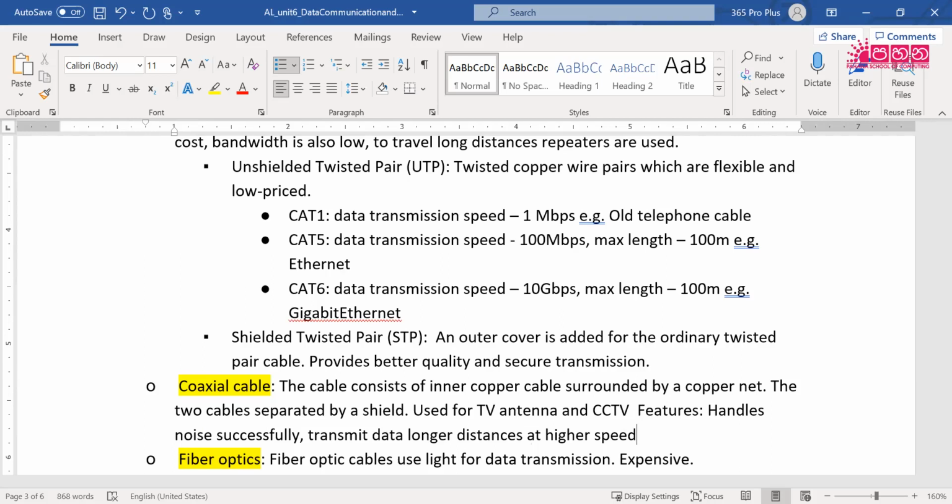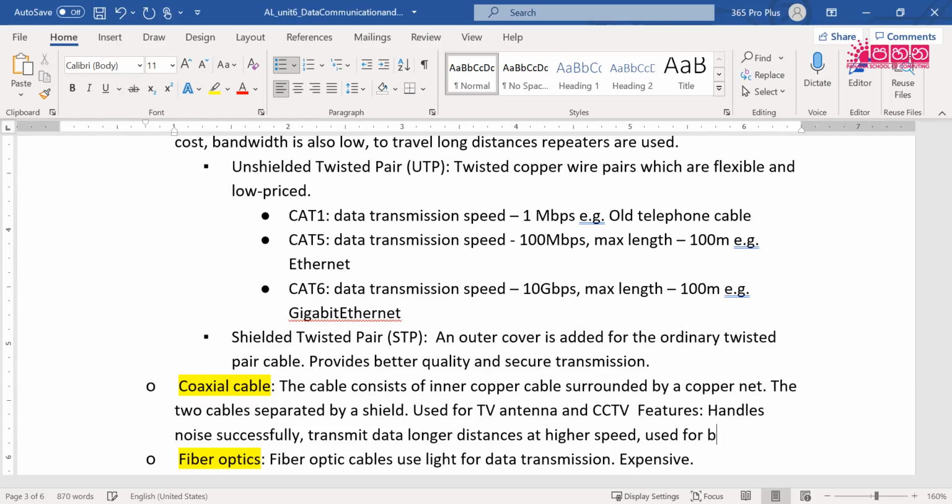Coaxial cables, we have seen, are used in TV antennas, especially this is an example we will take. But nowadays we also have CCTVs for security. So features, as I told you: handles noise successfully, transmits data over longer distances at high speed, right?